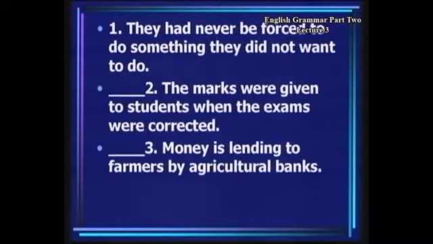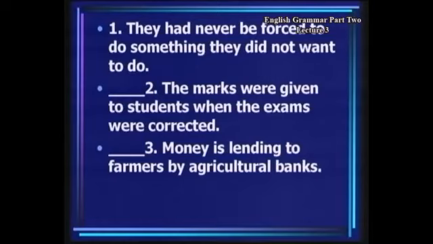They is actually an object, because if the sentence had been in the active voice, we would say, for example, we forced them, we had never forced them to do something they did not want to do.